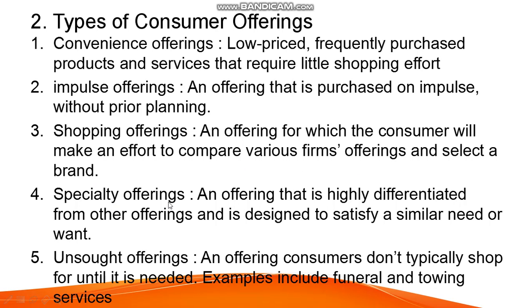Number 4 is specialty offering. It means an offering that is highly differentiated from other offerings designed to satisfy a similar need. Number 5 is unsought offering. It means an offering consumers don't typically shop for until it's needed. Examples include funeral and towing services.